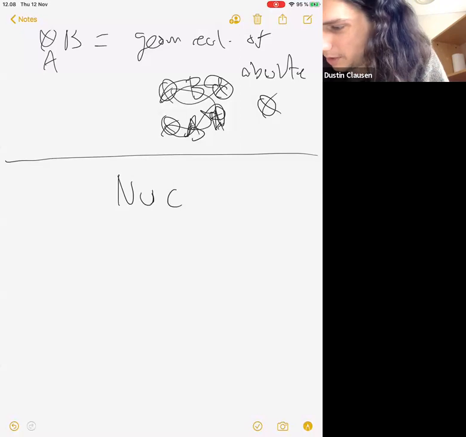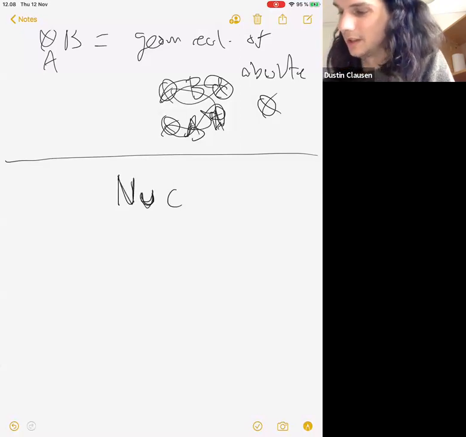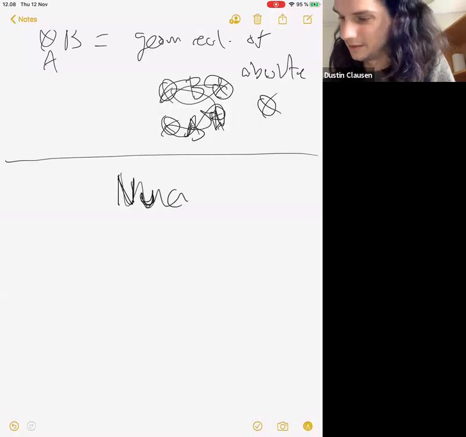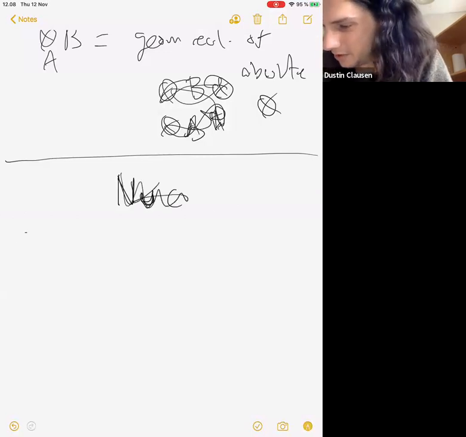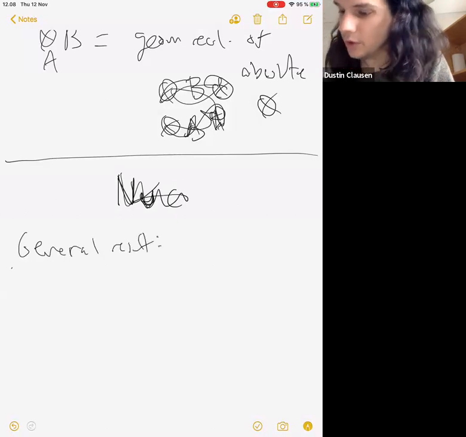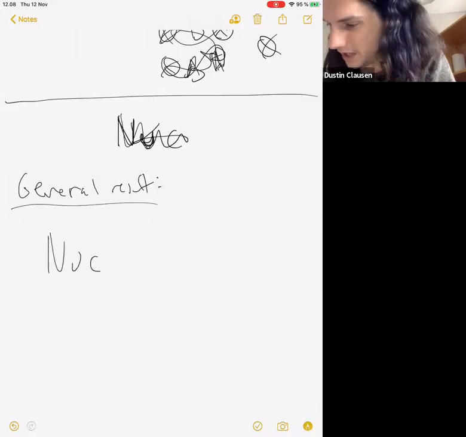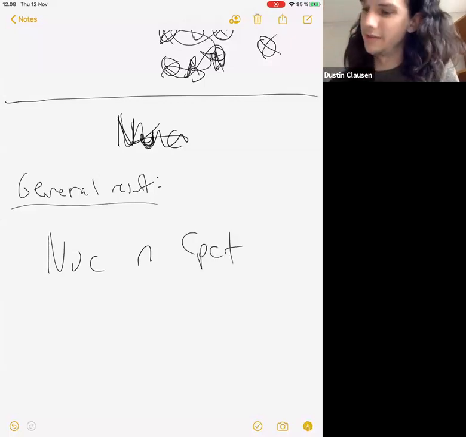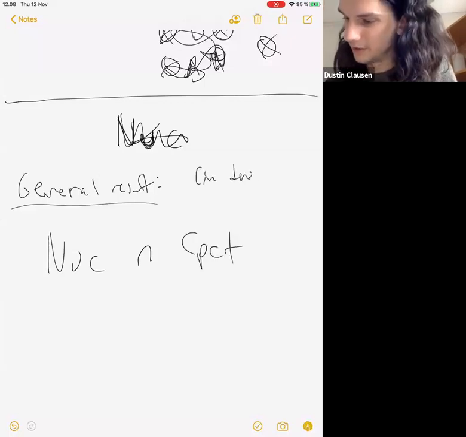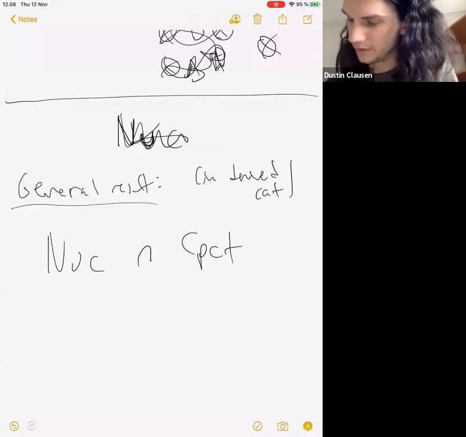So we have these nuclear modules. Here's a general result. In other words, it holds also in this abstract framework that I was discussing earlier. Then if you take something nuclear, which is also compact, now let me work in the derived category for simplicity.